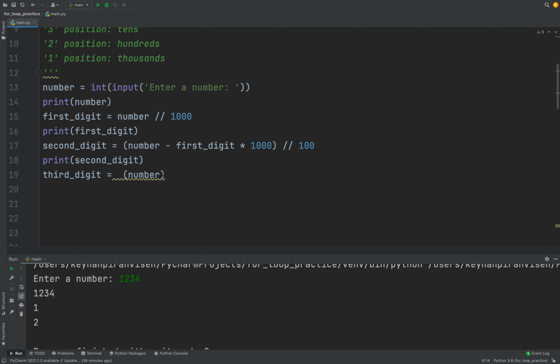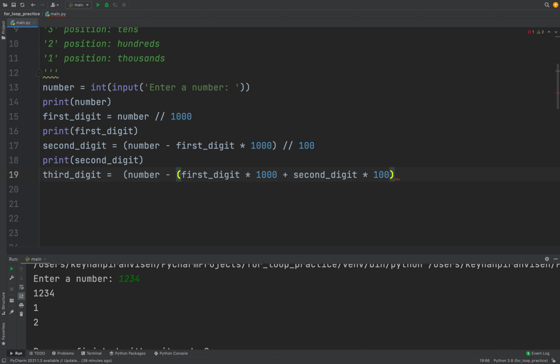So let's do it. Here's the number minus, I'm going to say first digit multiplied by 1000, and I want to add to it the second digit, which is 2, multiplied by 100. I know this might be confusing at the beginning, but the concept is really awesome.